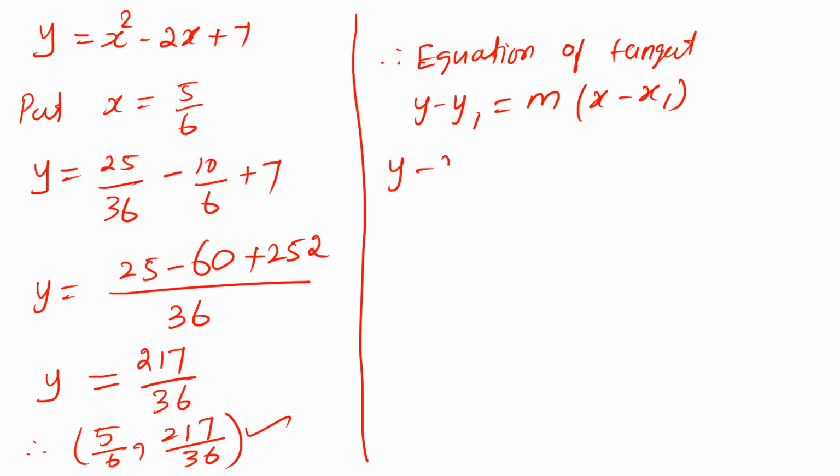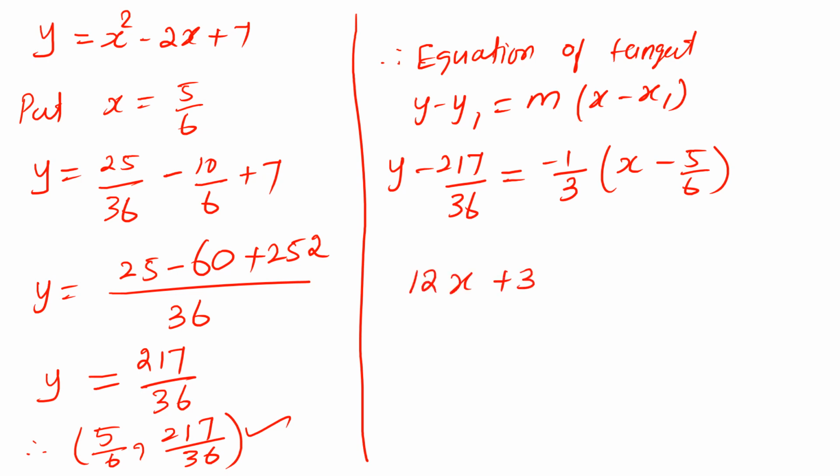So y minus 217 divided by 36 is equal to minus 1 by 3 into x minus 5 by 6. So after simplification, we get the equation of the tangent as 12x plus 36y minus 227 is equal to 0.